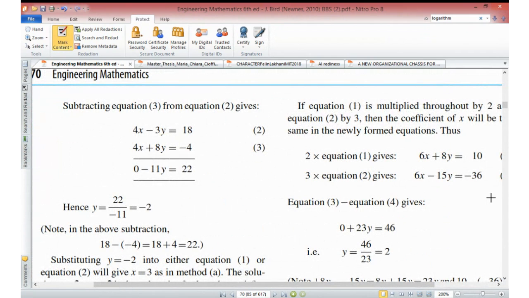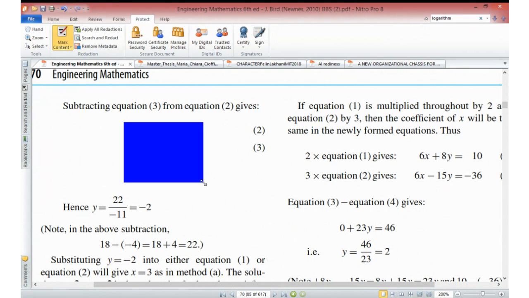So you decide what you want to eliminate. Who do you want to eliminate? So like the example provided here, we are eliminating x.